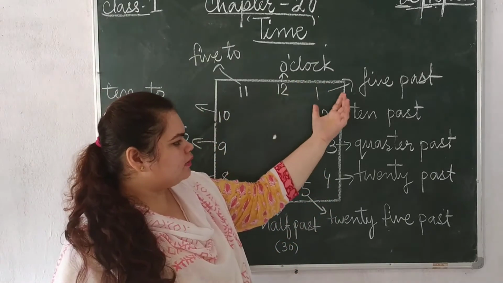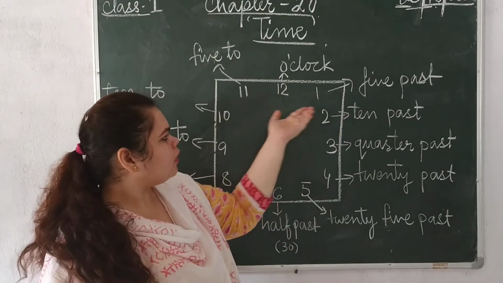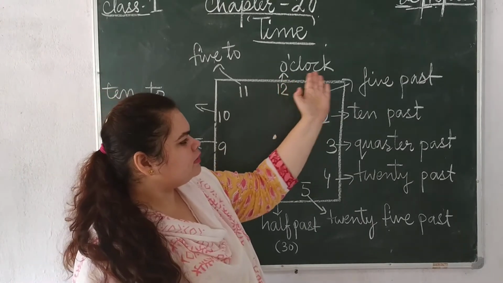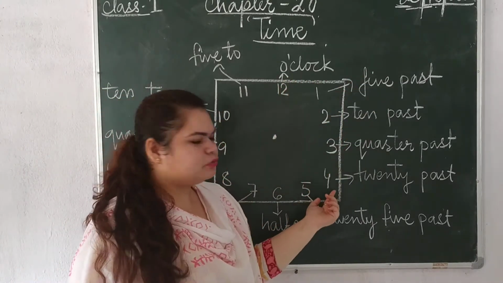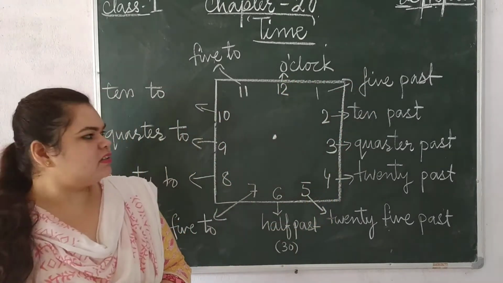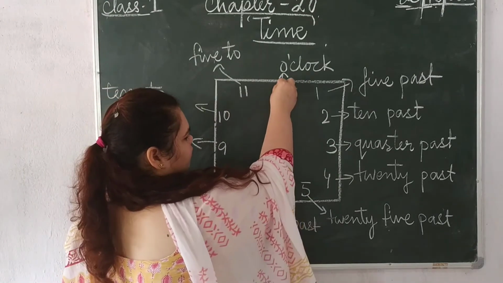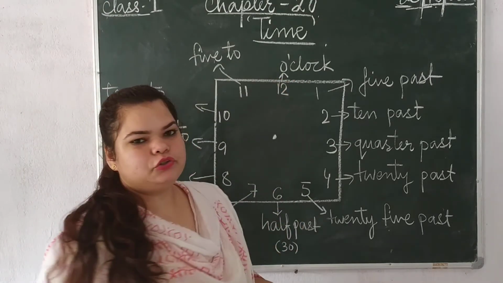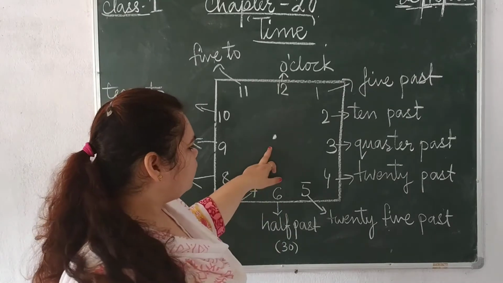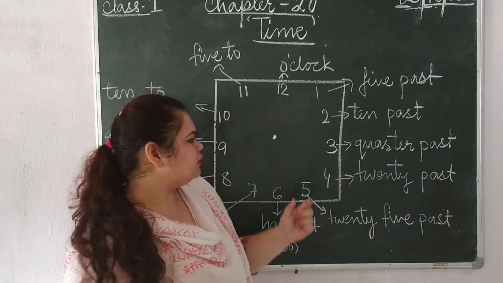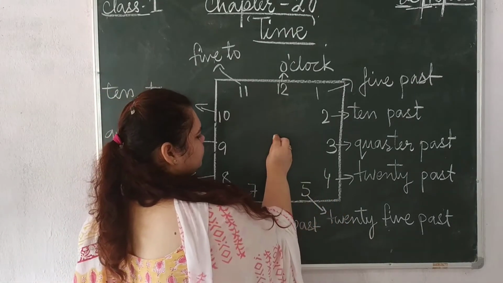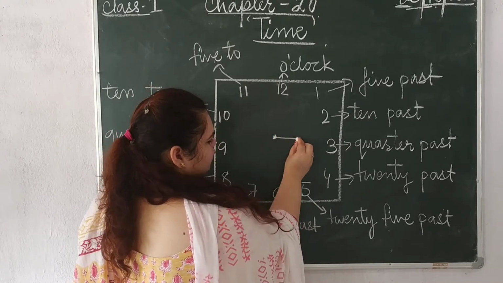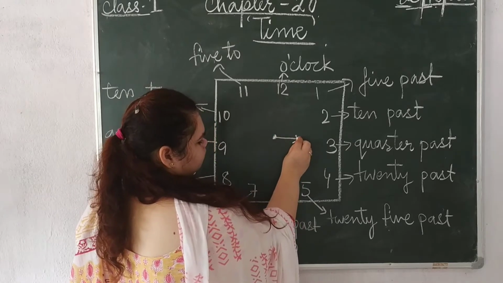Now if you look at the watch or the clock, here I have also written certain things next to these numbers. First, what we do is we draw two hands on the clock, a small one and a big one. Let us draw the small one at 3.